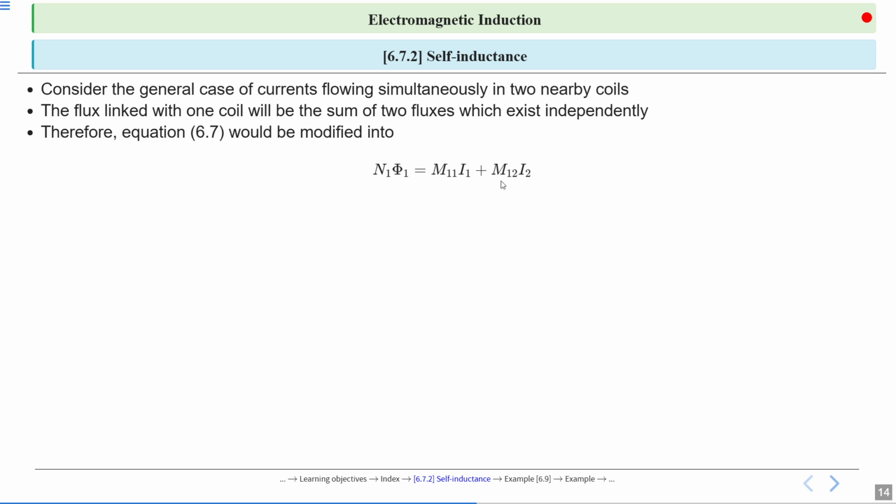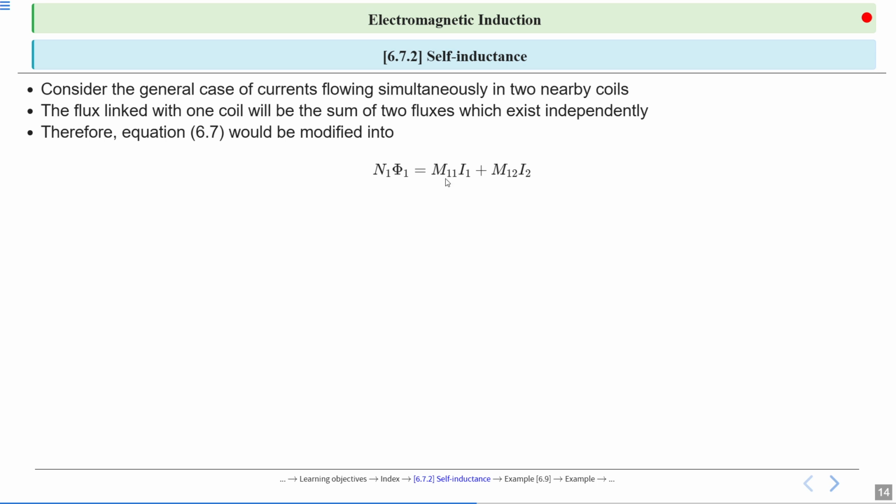That thing we have discussed in mutual induction. Current is flowing through the second coil, and flux linkage with the first coil will be the mutual inductance of the first coil with respect to the second coil and the current flowing through the second coil. Now current is also flowing through the first coil; in both coils, current is flowing simultaneously.